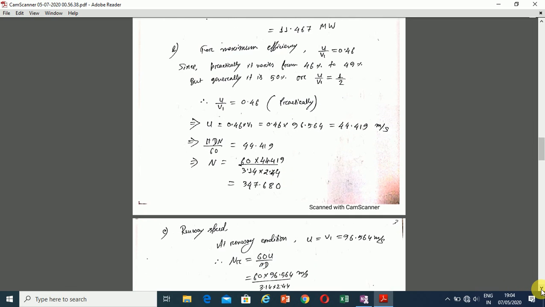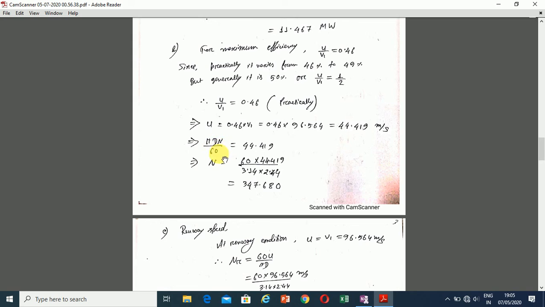And in B, for maximum efficiency, U by V1 is equal to half, but practically it varies from 46% to 49%, so we take U by V1 is equal to 0.46. So U is equal to 0.46 into V1, and V1 we found here, so 0.46 into 96.564, that is 44.419 meter per second.